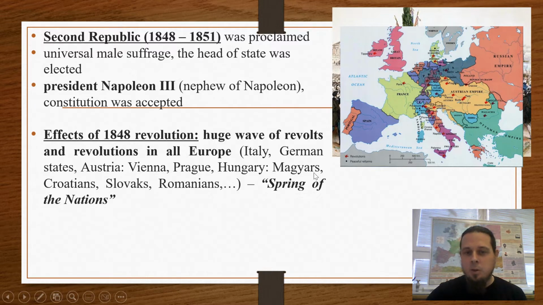Later on, Hungarians, or Magyar-speaking Hungarians, proclaimed independence from Austria and started to fight. Later on, Croatians started to fight against Hungarians, calling for more independence from Hungarians. Slovaks did the same in April and May 1848, for which, of course, they were persecuted. Many of them escaped to Prague.